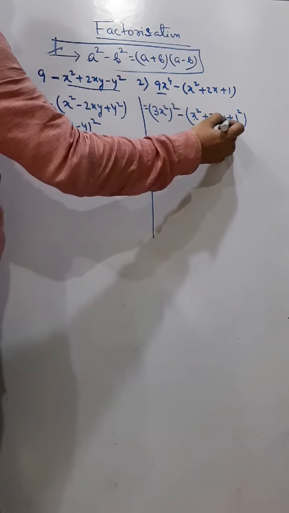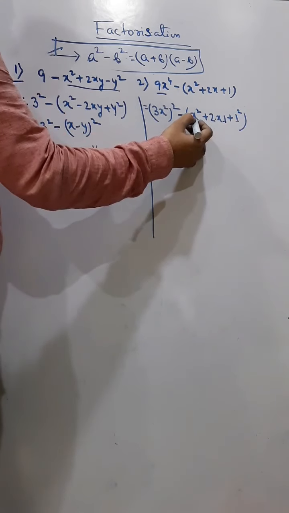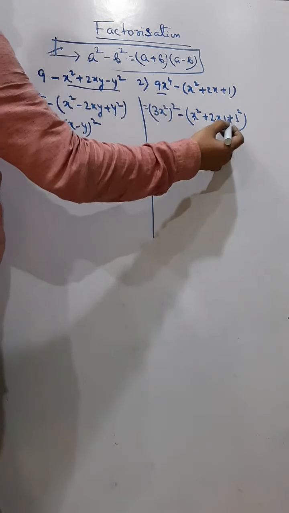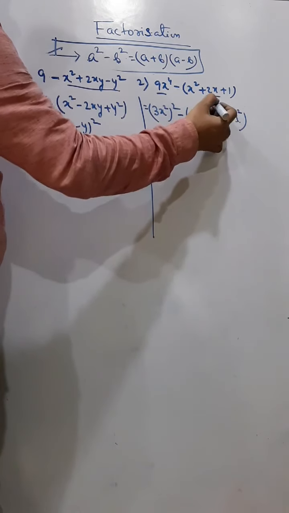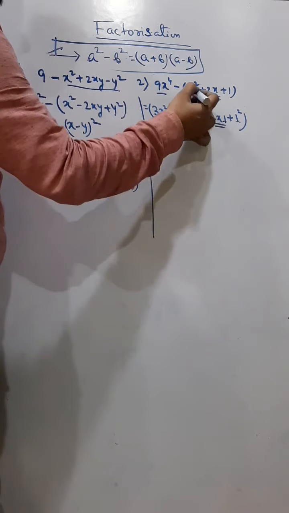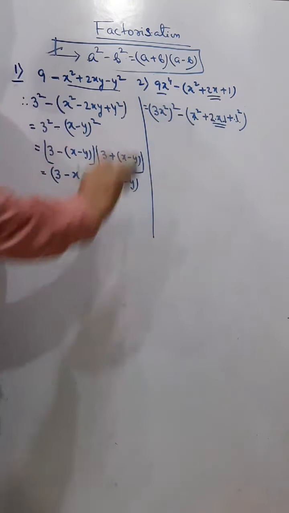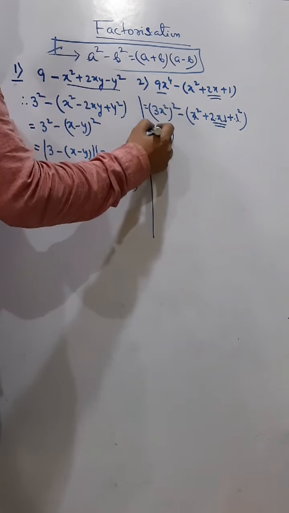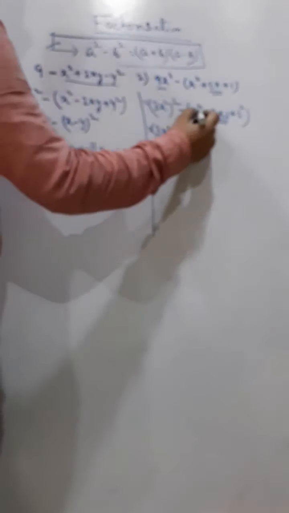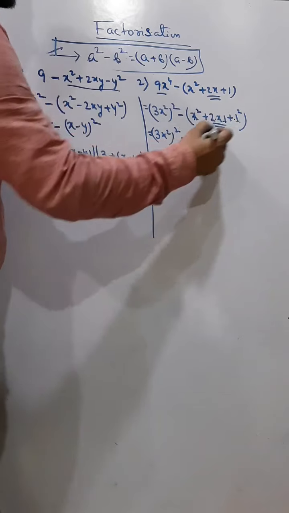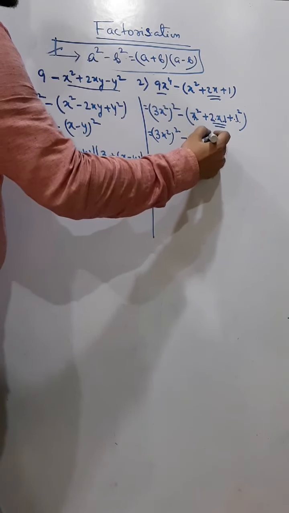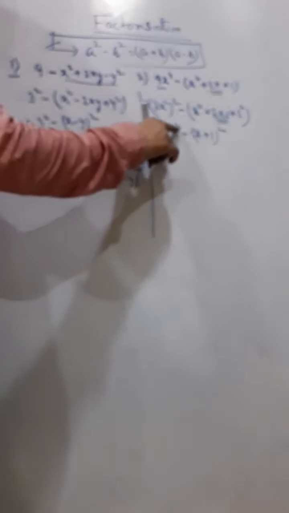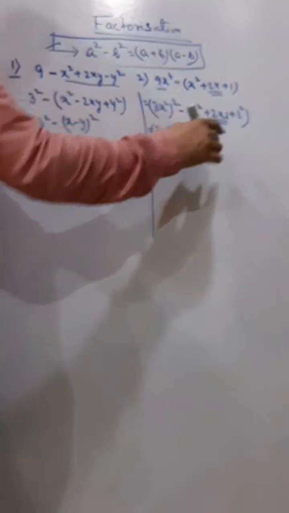So I get 2ab, a means x, b means 1, so a square plus 2ab plus b square. So here you have 2x, here also 2x, x square, 1 and 1 square. So now this is a square and this is a plus b whole square. So that means a plus b means x plus 1 whole square, and now this becomes a square and this becomes b square.